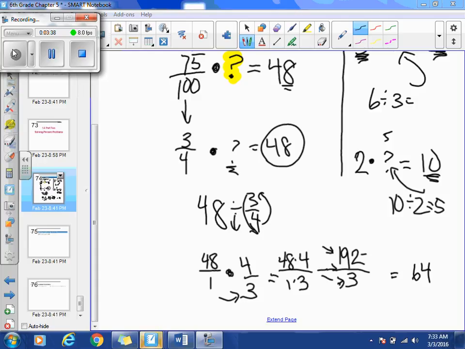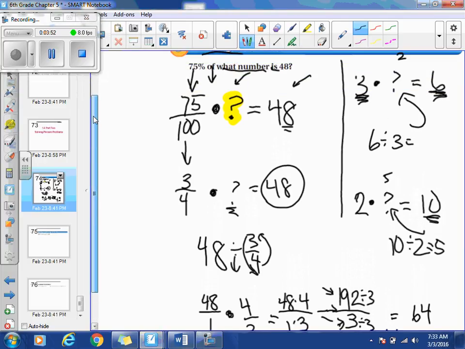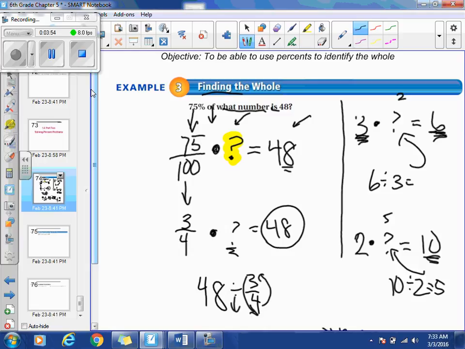Or you could say, both of these are divisible by 3. 192 divided by 3 is 64. 3 divided by 3 is 1. 64 over 1 is also equal to 64. So going up to my original problem, 75% of what number? 75% of 64 is 48. So there were 64 questions on the test. You got 75%, or 48 questions, correct.